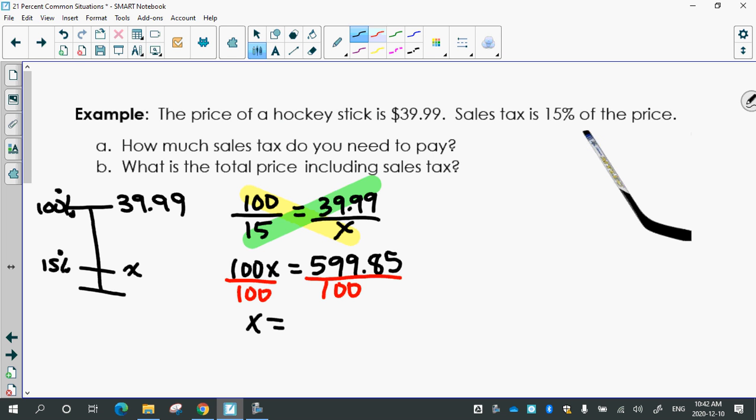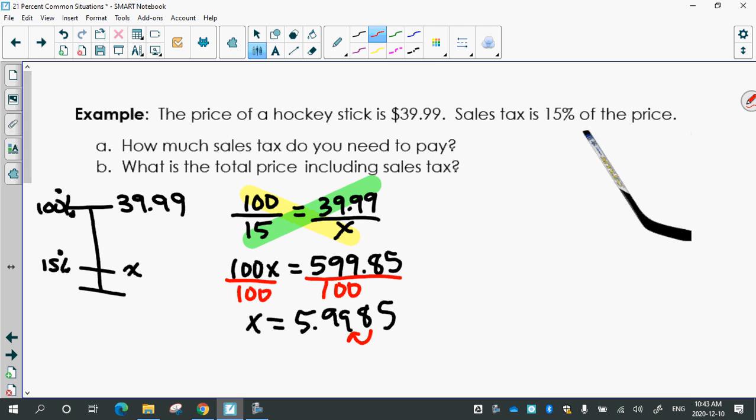And I see this number here, 5.9985. So this is one of the few times where your decimal gets a chain reaction happening. Because this 8 tells me to round the 9 up. But if this is already 599, what does rounding it up mean? It's already 599 and I have to round it up.